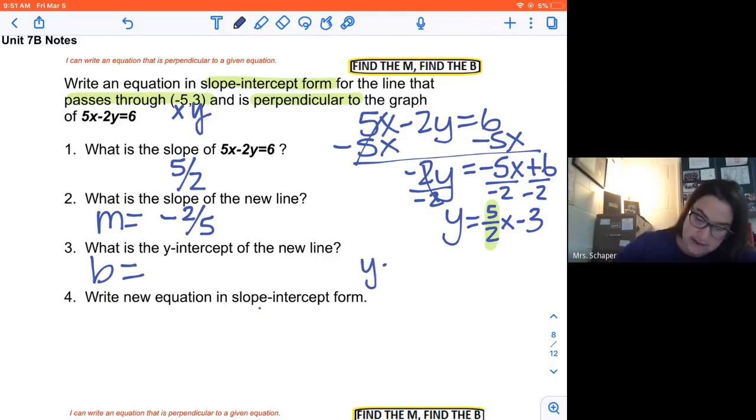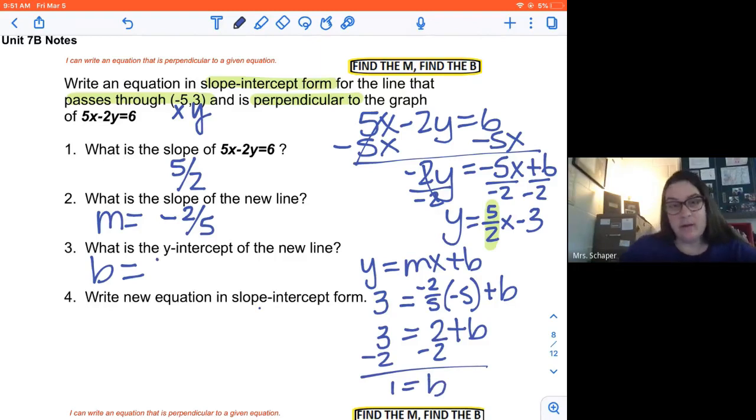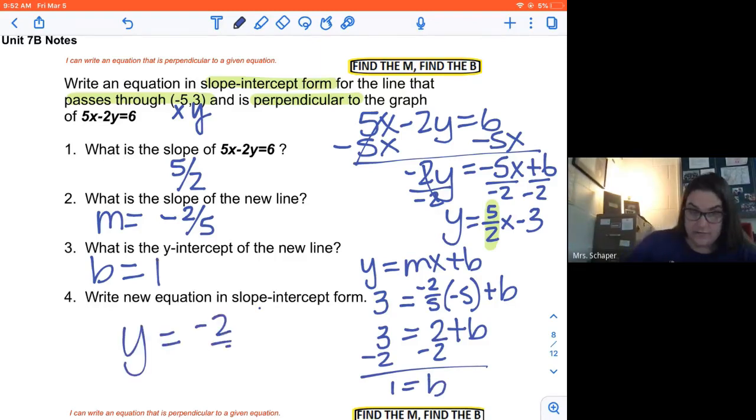So y equals mx plus b. So 3 equals negative 2/5 times negative 5 plus b. 3 equals 2 plus b. So b equals 1. So y equals negative 2/5 x plus 1.